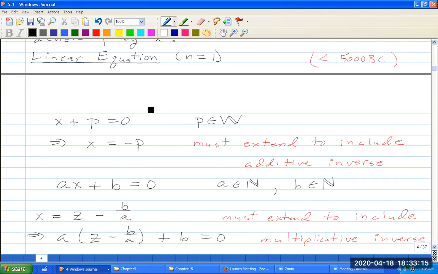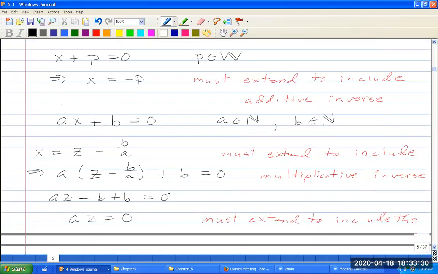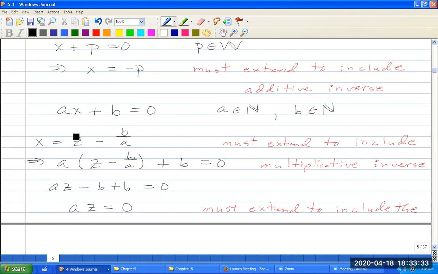If I wanted to solve the equation ax plus b equals 0, where a is a natural number and b is a natural number, then I let z equal x plus b over a, so x equals z minus b over a. I can rewrite this: replace x by z minus b over a, multiply a inside the parentheses, so you get az.